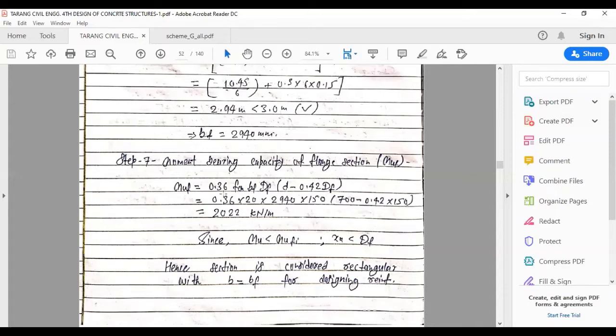So substituting the values, mind it, the formula is the same as we have read in the previous lectures. FCK is 20, BF is 2940, which we have just found out. The value of DF is 150, it is given. Effective depth we also just calculated, and DF is given, so we arrive at a value of 2022 kilonewton meter.